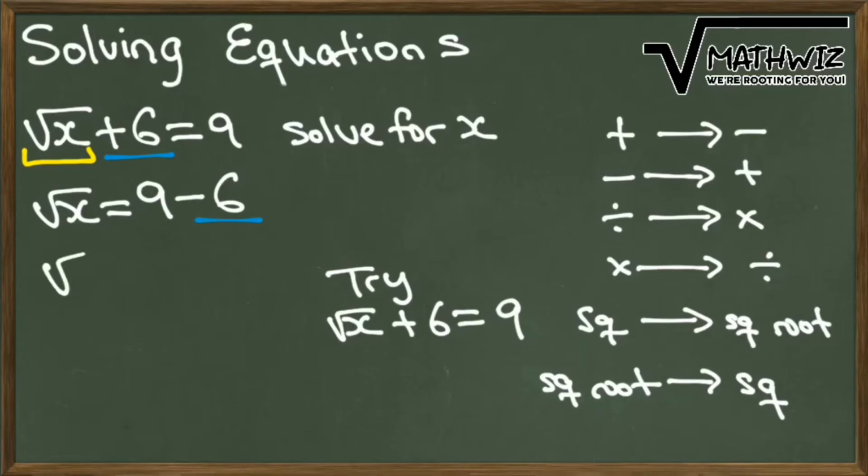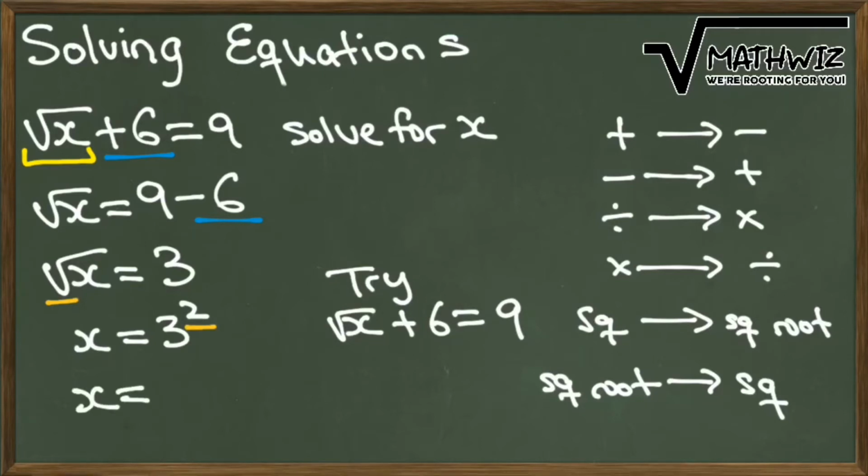And so we have the square root of x equals 9 minus 6, which is 3. And to get rid of the square root, we want to square the opposite side. And 3 squared is simply going to be 3 times 3, which is 9.